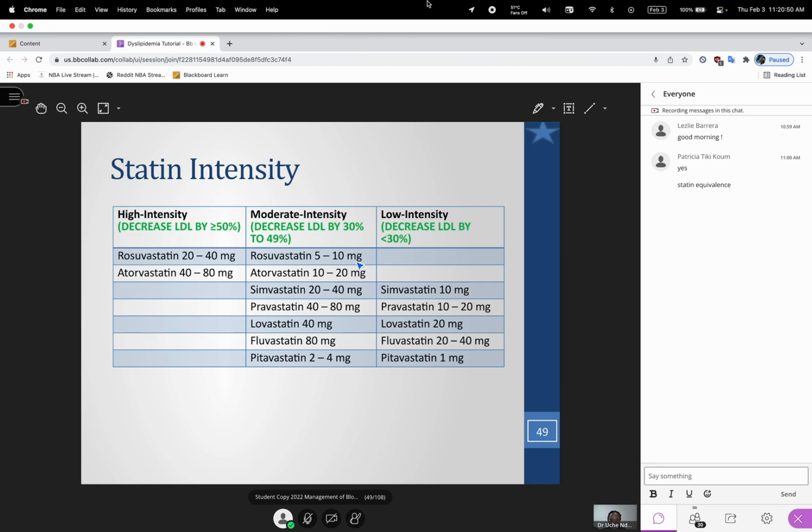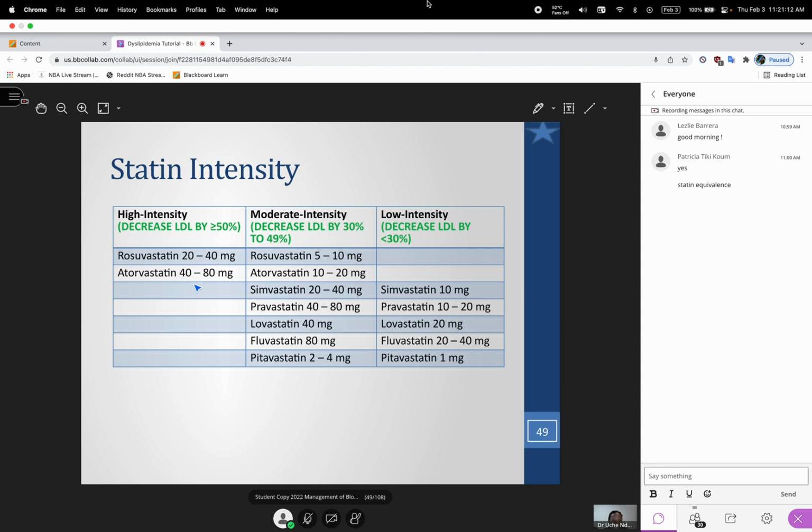And I told you guys the easiest thing is just to remember where rosuvastatin lies. And if you already know your statin equivalency, then if you remember that moderate intensity is Rosuva 5 to 10, then you should be able to calculate the rest of these. And then for high intensity, if you remember that Rosuva 20 to 40 is high intensity, then you should be able to calculate the rest of these.